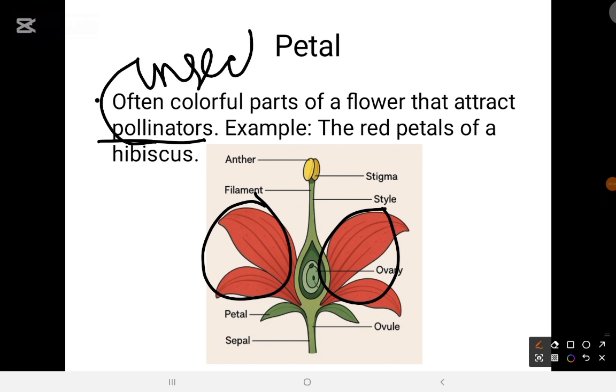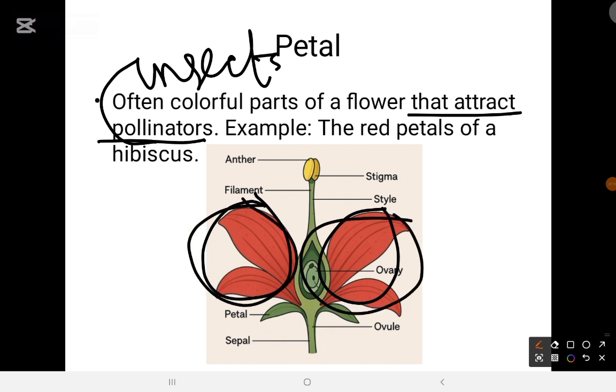When you see that it is attractive, it is colored brightly, and the petals are wide and large, it means it is an insect pollinated flower.